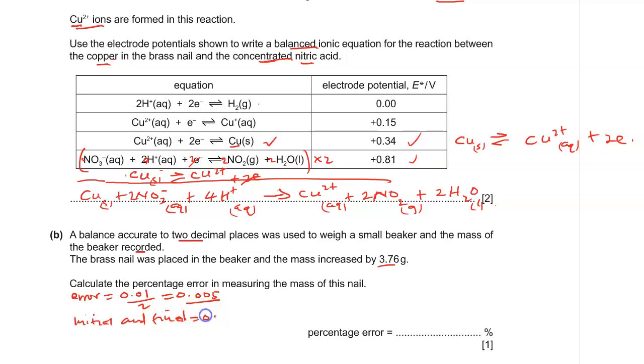It would be equal to 0.005 times 2, and therefore we get 0.005 times 2 divided by this mass, 3.76, times 100. This should give us the percentage error of 0.27%. So the percentage error is 0.27%.